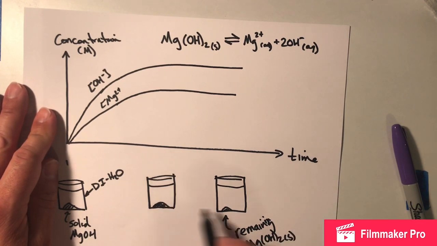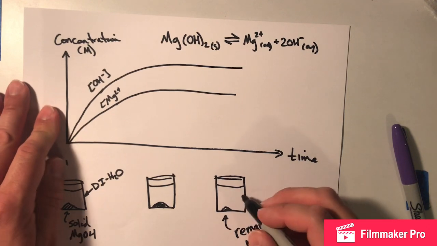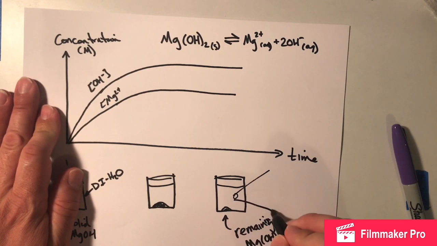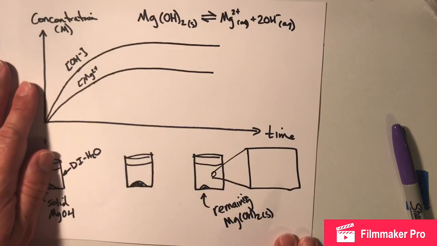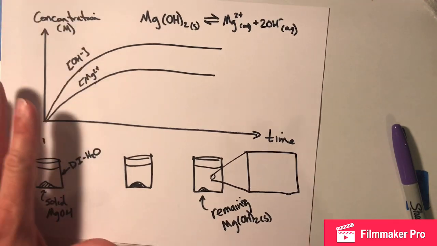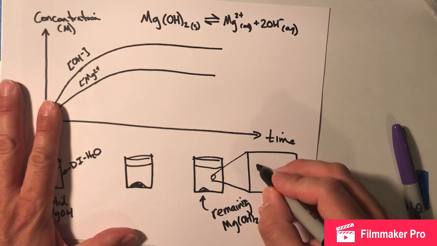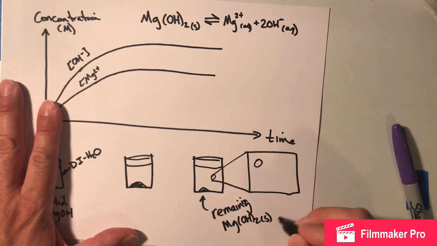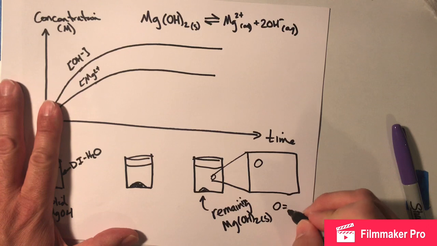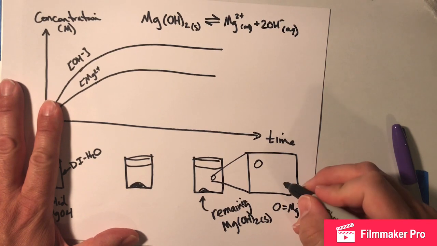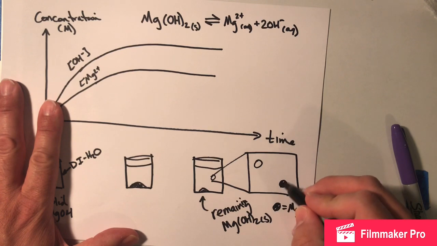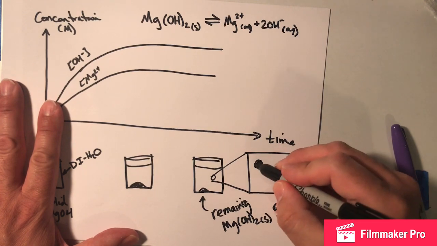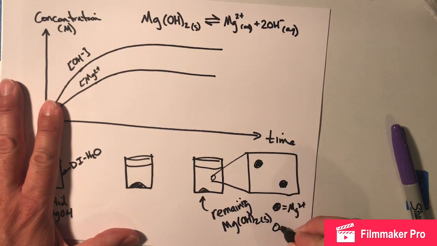However, some of it has dissolved out into the solution, and if we were to zoom in on the solution at the particulate level, we would see that there were magnesium ions floating around. We're going to make those colored in, magnesium 2+ ions. But we'd also find that there were OH- ions floating around.